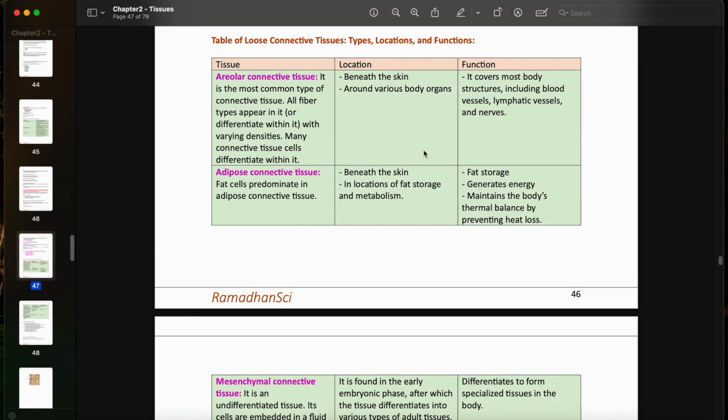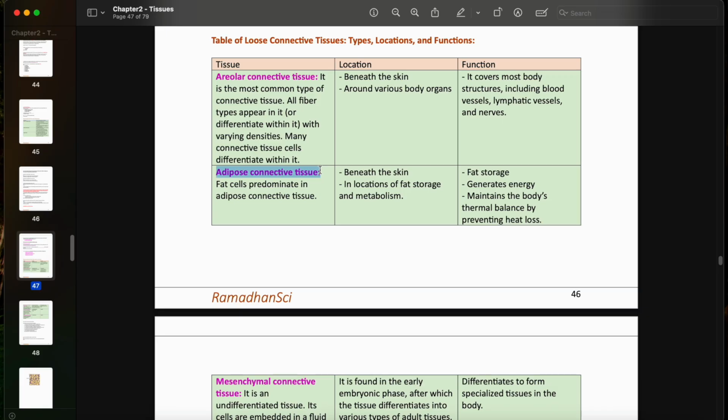So we already have two types of tissues that we said are found beneath the skin. We said that we have areolar connective tissue, and now the second one being adipose connective tissue. So if they ask you, you need to write down both tissues.